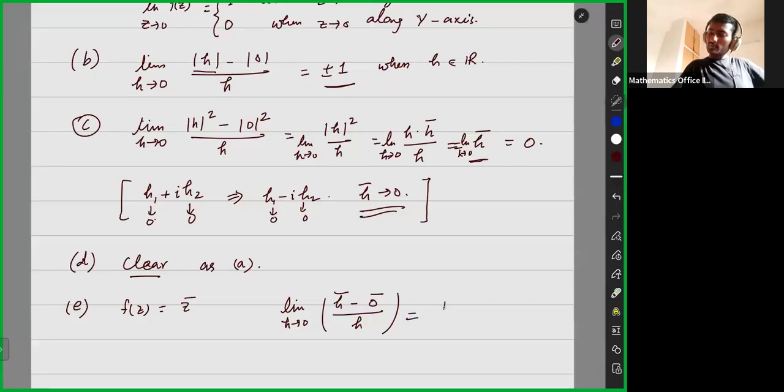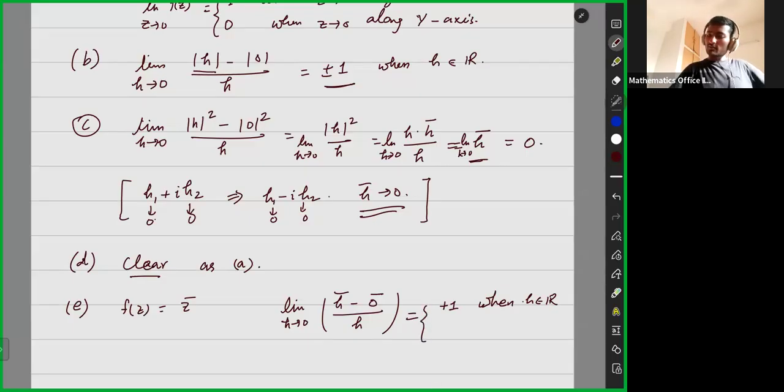This is, let's say, plus 1 when approaching along the real axis, right? Because h bar is the same as h if and only if h belongs to the real numbers, and they get cancelled from numerator and denominator.